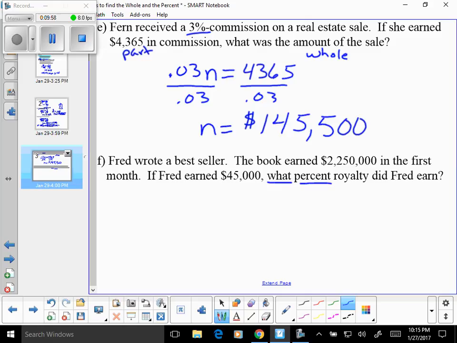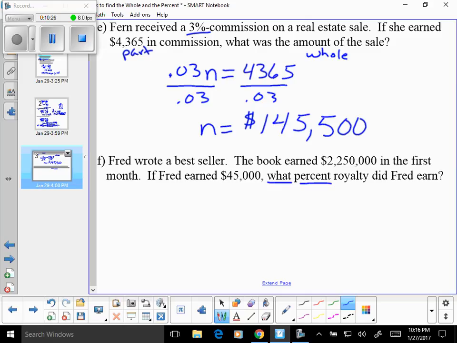Let me think. What's one I could think of real easily? Well, let's say the Andy Griffith Show. That show is still earning money for the people who were in the show or for their heirs because they're probably getting a certain percent of royalty. Now, Fred earns $45,000.